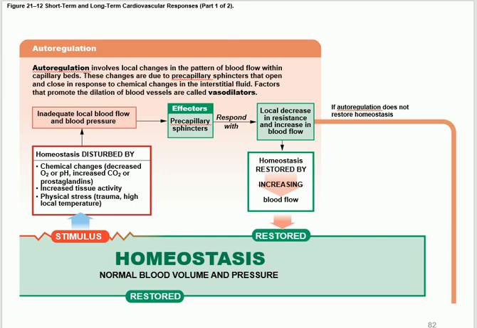How to increase it? Well, think about it. If low blood is coming to me, it means I will have low oxygen and high carbon dioxide, right? Low oxygen and high carbon dioxide is what's going to dilate the precapillary sphincters. This is the mechanism. Did you get it? So this is autoregulation.